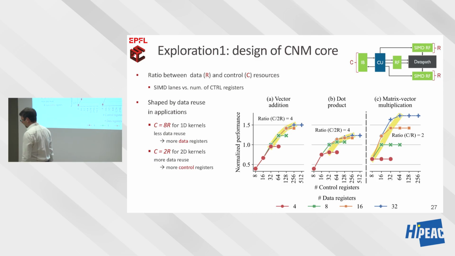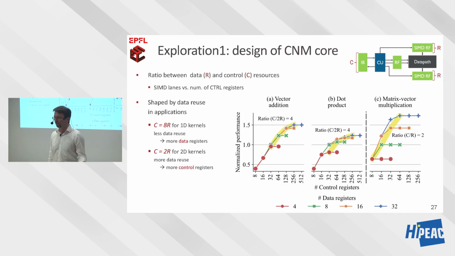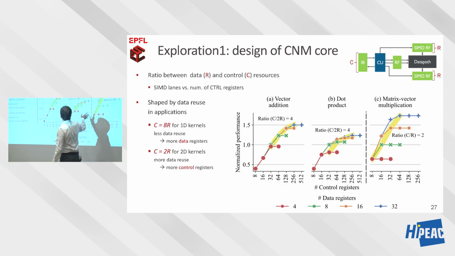It turns out that this is very much application dependent. If you have a lot of data reuse, you want to have more instructions. If you have less data reuse, you want to have more data. This is kind of intuitive, if you want, but now we are able to quantify that. And this is what this graph means.